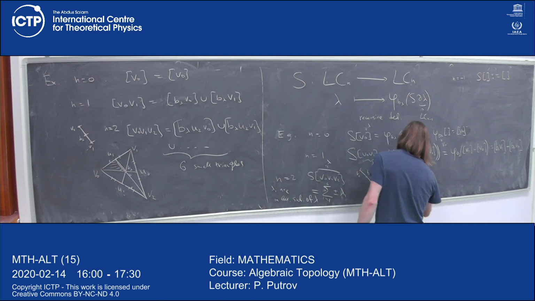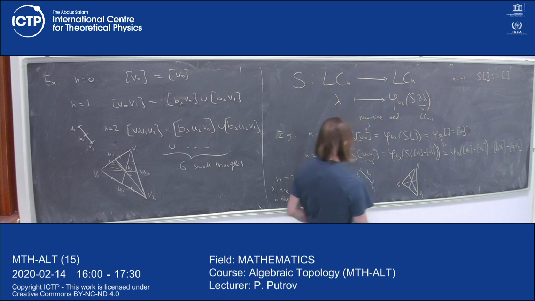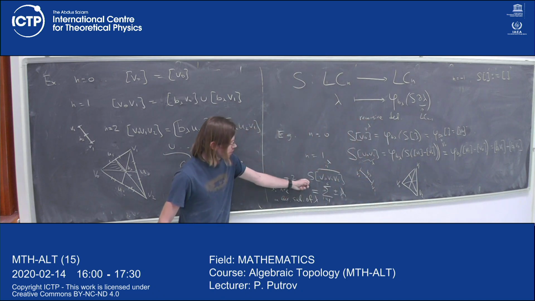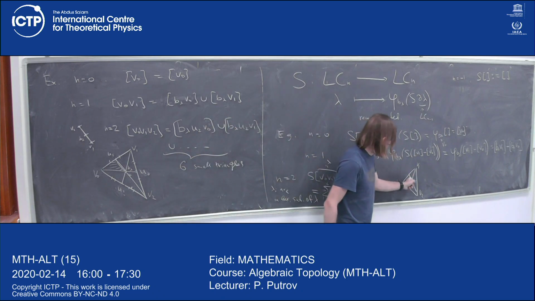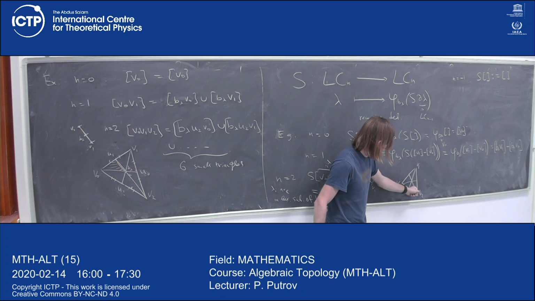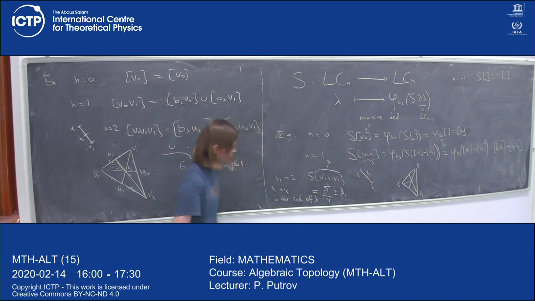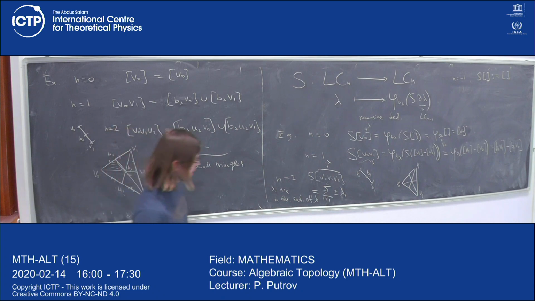If I start with lambda like this and do barycentric subdivision, the result of application of S will be the sum of these. So start with this big triangle, and the result of S will be a linear combination of these 6 small triangles, with coefficients being plus or minus 1. And this is true in general.